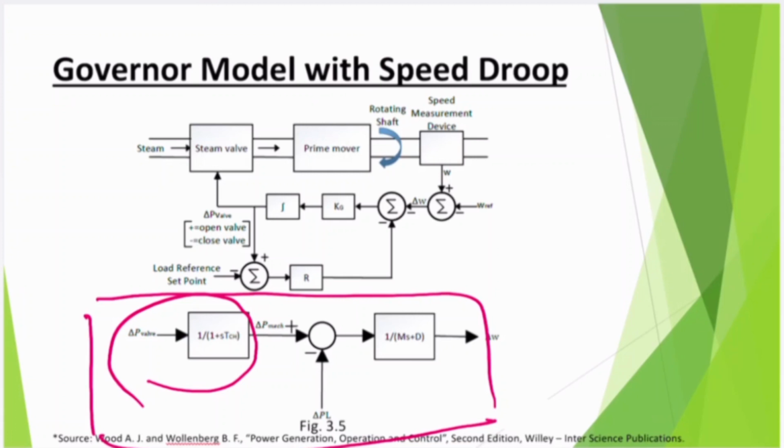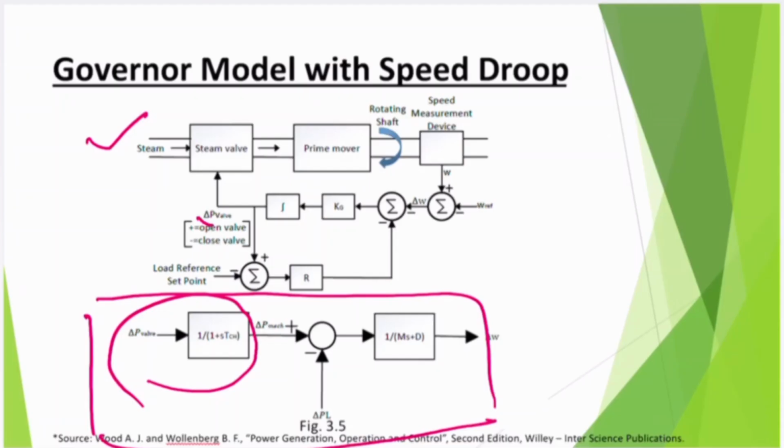What we do basically is provide steam for the machine to run, and that goes into the steam turbine and rotates my rotating shaft, and then we can measure the speed and feed it back to the valve. So this is my delta P valve, which appears here, which decides how much steam has to be given to the steam valve to rotate the prime mover so that my required frequency is met. This is very critical.